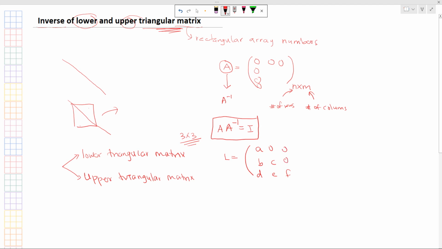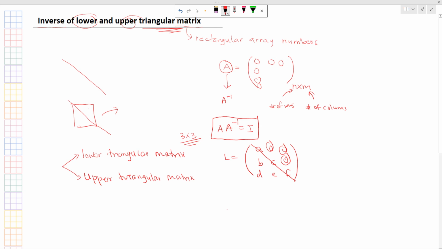You can easily remember that the entries including the diagonal elements and below the diagonal will have some values, and the rest will contain 0. This is how a lower triangular matrix looks.